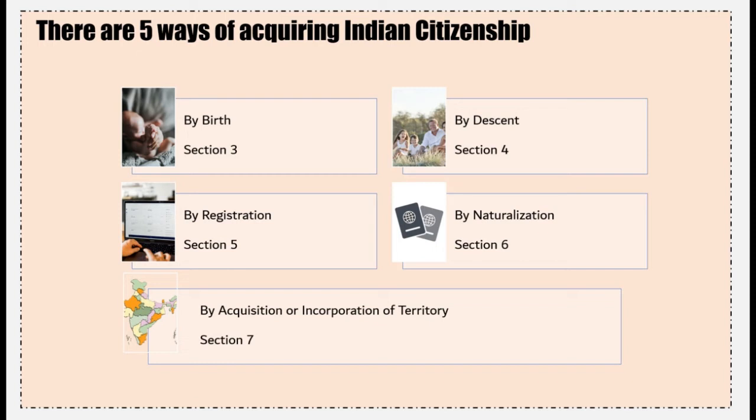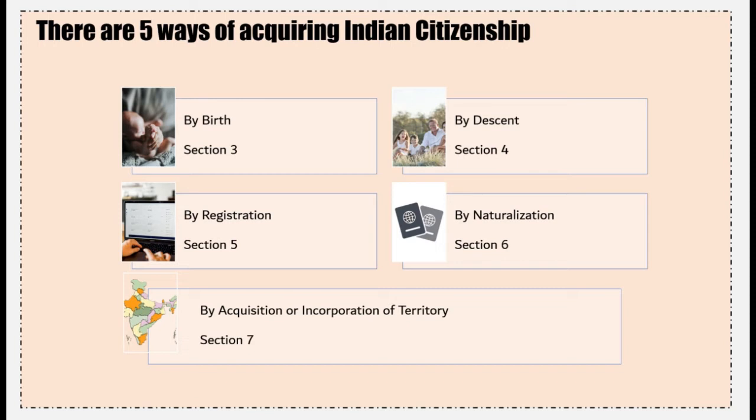Fourth, by naturalization, Section 6. The central government, if satisfied that the applicant is qualified for naturalization under the provisions of the third schedule, may grant a certificate of naturalization. The qualifications for naturalization of a person are: A. A person should not be a subject of any country where Indians are prevented from being a citizen.